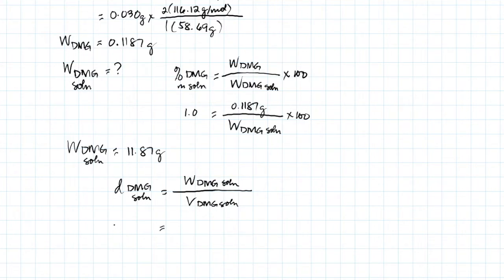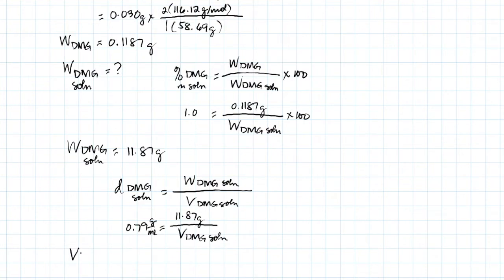Substituting the values, we're given the density 0.79 grams per ml, and that is equal to the weight of DMG solution, 11.87 grams, so that we can calculate for the volume of the DMG solution.